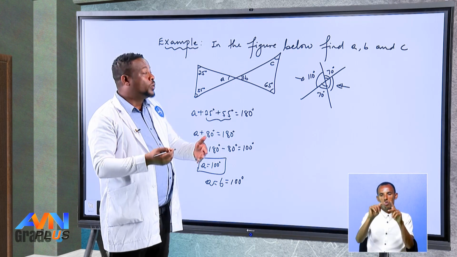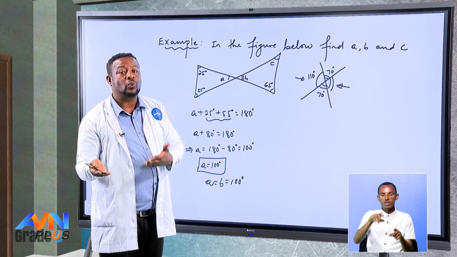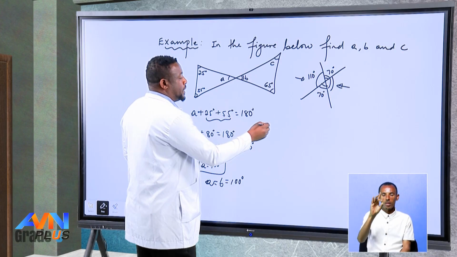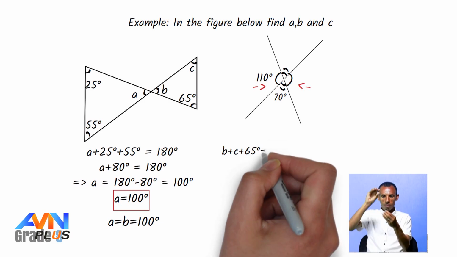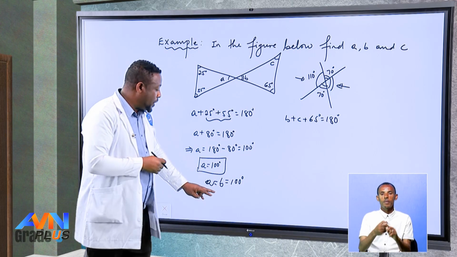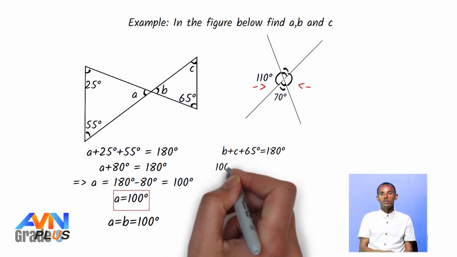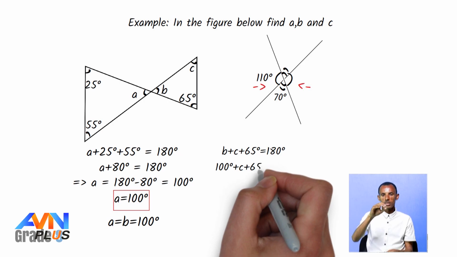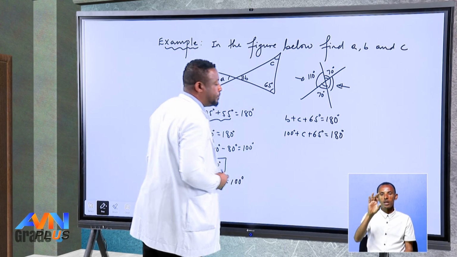The sum of these interior angles must give up to 180 degree. That means B plus C plus 65 is 180 degree, but B is already known. B is 100, so 100 degree plus C plus 65 degree is equal to 180 degree.